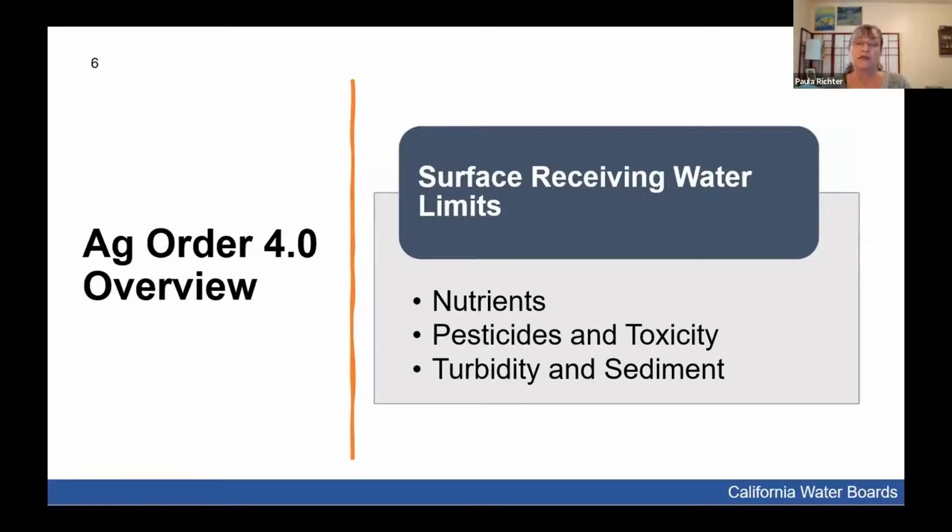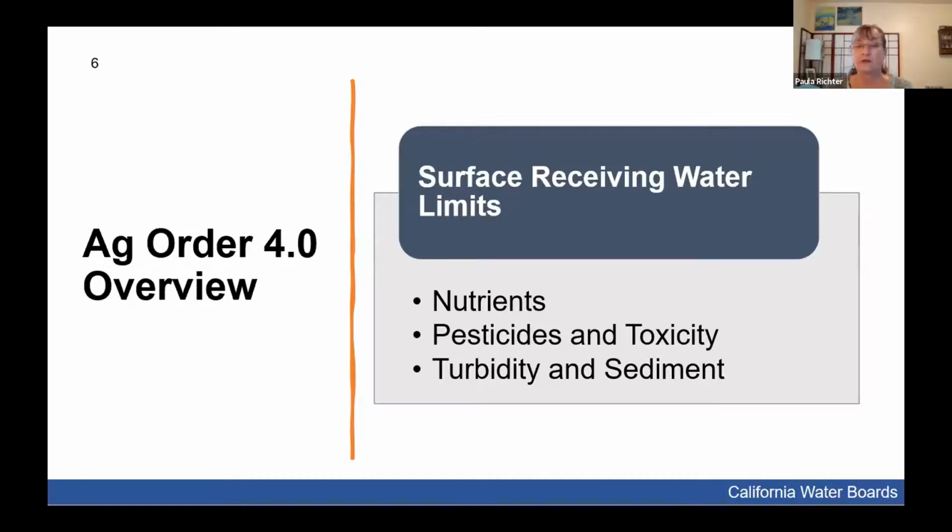The order also establishes numeric limits for nutrients, pesticides, and toxicity, as well as turbidity and sediment in surface receiving waters. Because these limits apply to a water body, they would generally need to be met collectively by all growers that are discharging to that water body. There are some exceptions in the order, and again, I don't have time to go into them today.